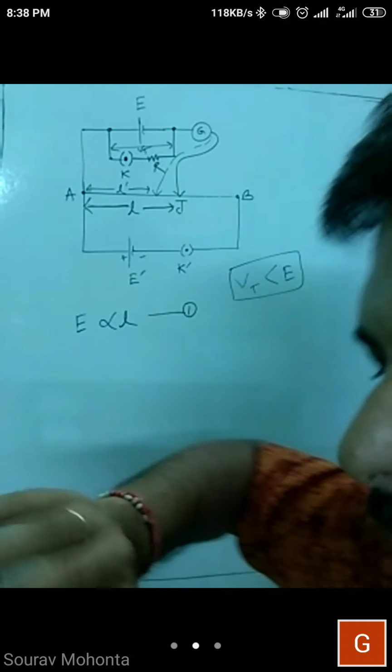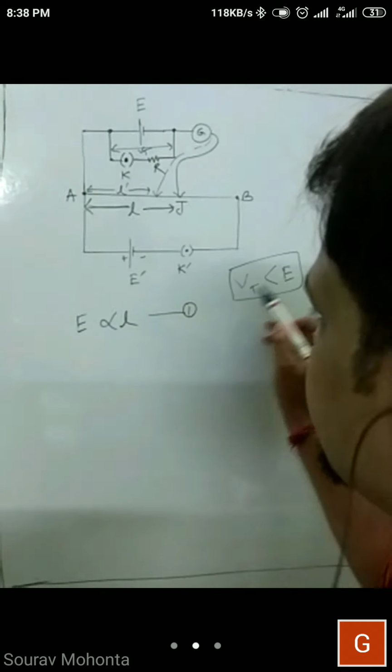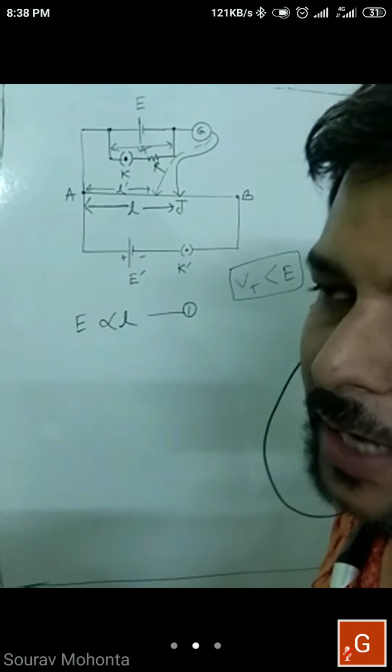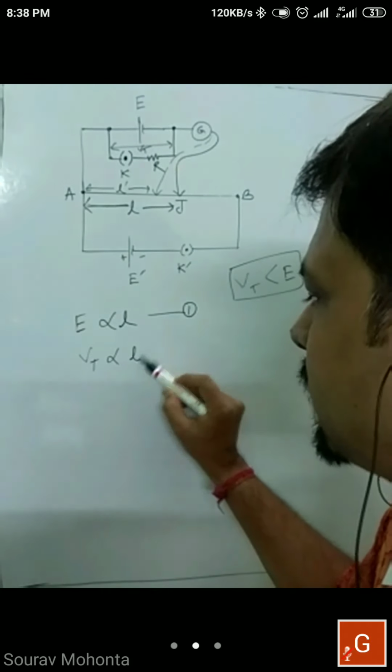So Vt is less than E, and the null point length for Vt is also less. Therefore Vt is proportional to L dash.